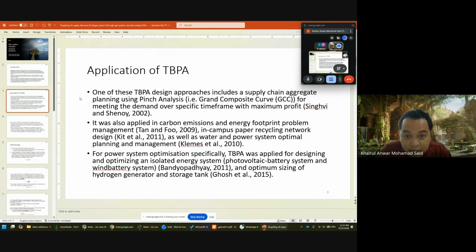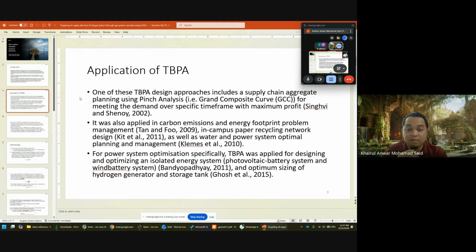It was also applied in carbon emission and energy footprint networks. These are some of the applications for TBPA, time-based pinch analysis.